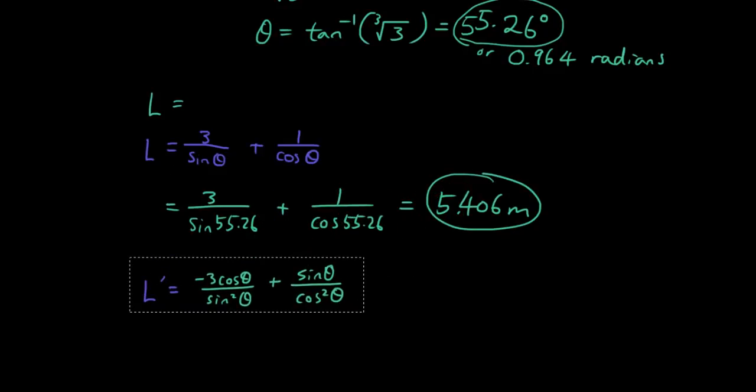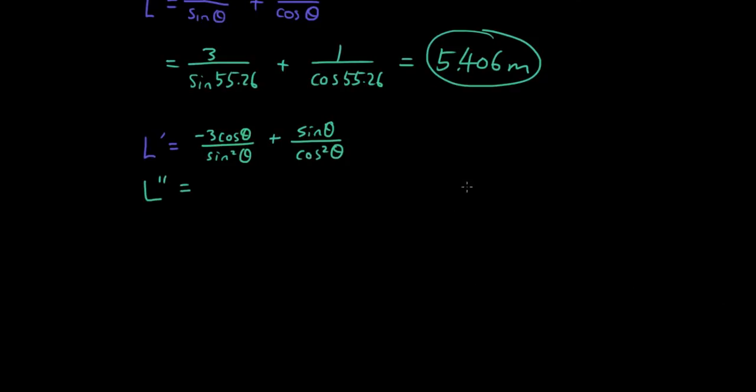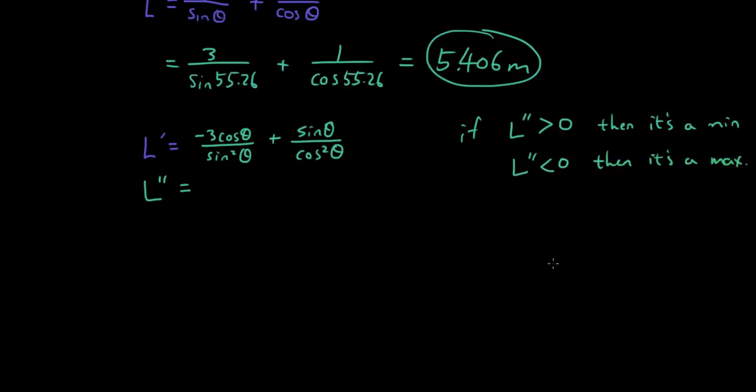If the second derivative is bigger than 0, then it's a minimum. If the second derivative is smaller than 0, then it's a maximum, using the second derivative rules.